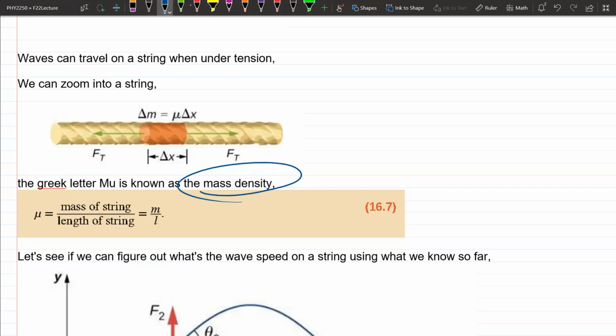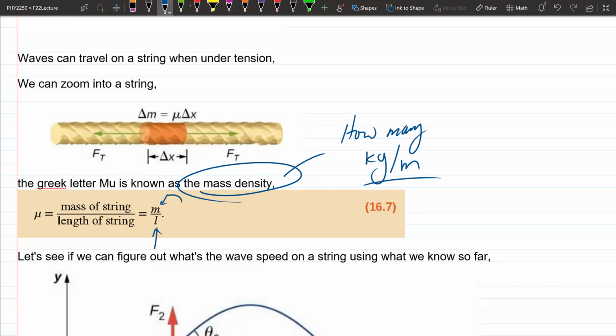How many kilograms does it weigh per meter? So that's actually the units for it, okay? In the little equation, this will be the mass of the string divided by the length of the string. So that's just a definition of this mass density, okay?